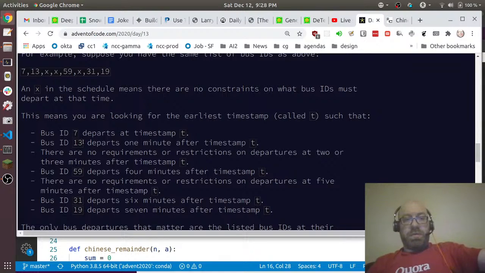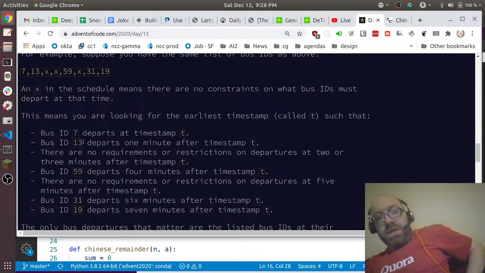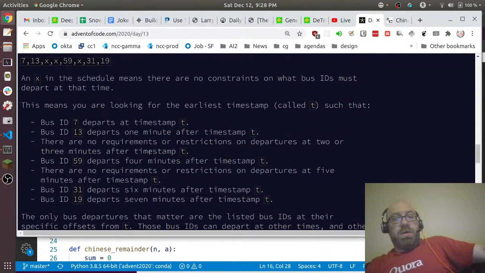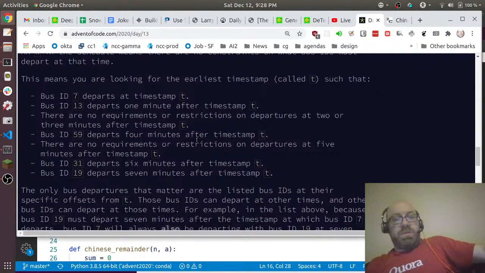Bus ID 13 departs 1 minute after timestamp t, so that means t mod 13 has to be 12. Meaning t is 12 more than a multiple of 13, so that 1 minute later bus 13 will come, and so on and so forth.